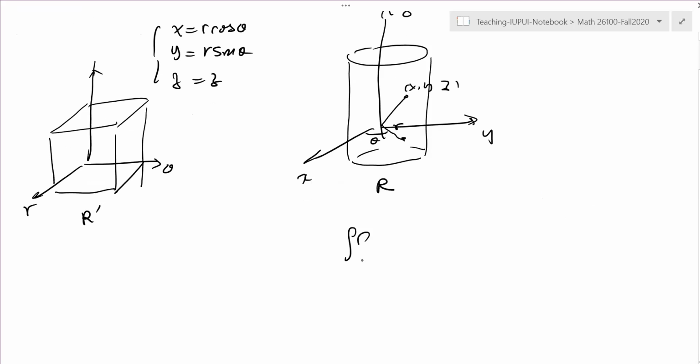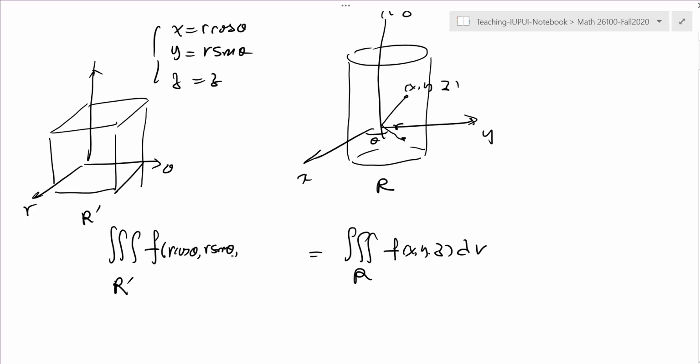So if you have a triple integral here of f, you can change it to the triple integral over here. Now the only difference is going to be this r, with cosine theta and sine theta. The question is, what is this part?